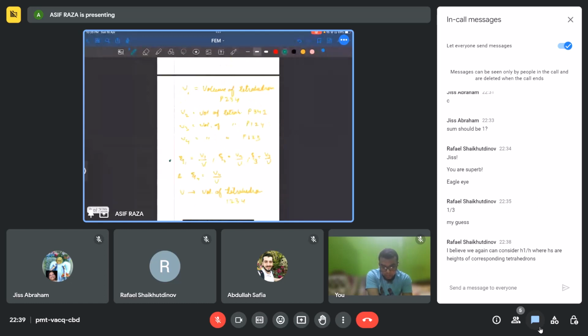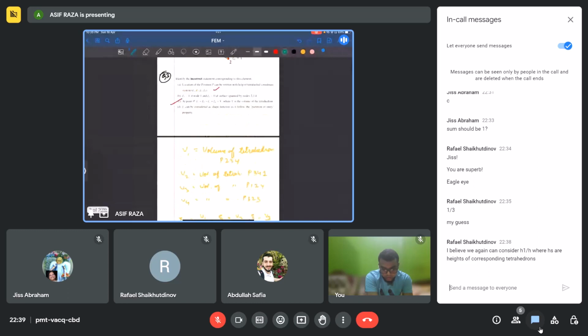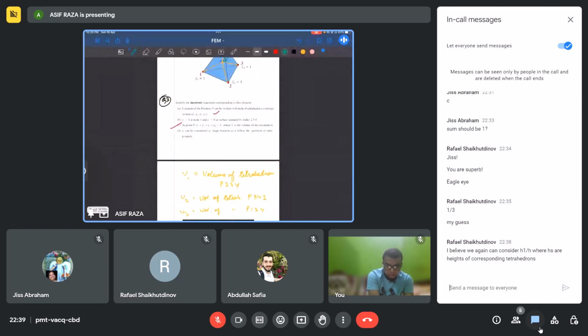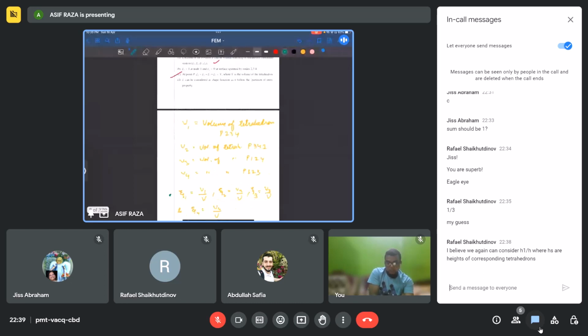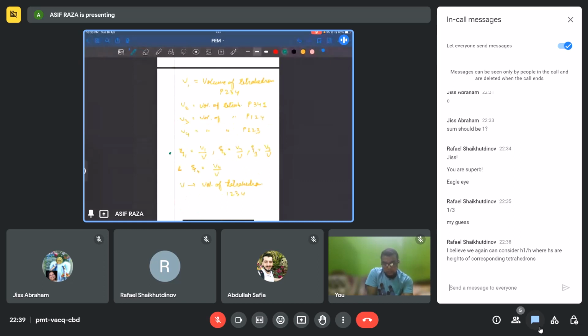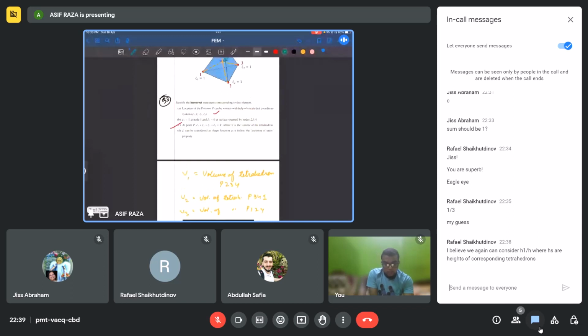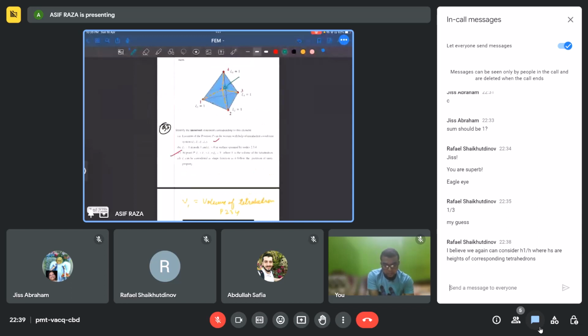for this, Xi1 equal to V1 upon V. So the second statement says Xi1 equal to 1 at node 1 and Xi1 equal to 0 at the surface spanned by nodes 2, 3, 4. So if I am at node 1, that means my point P is at 1.